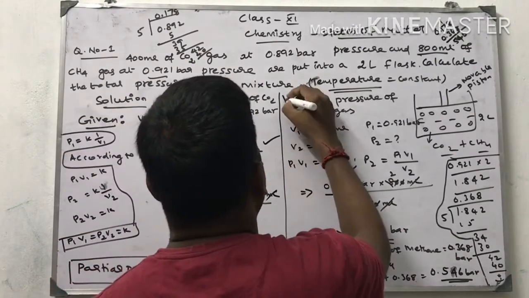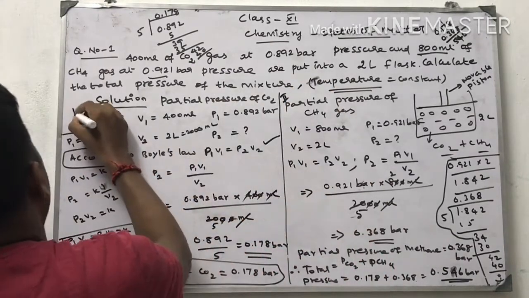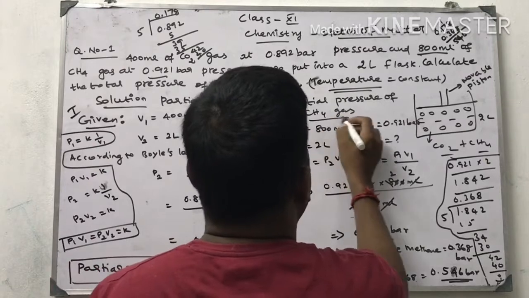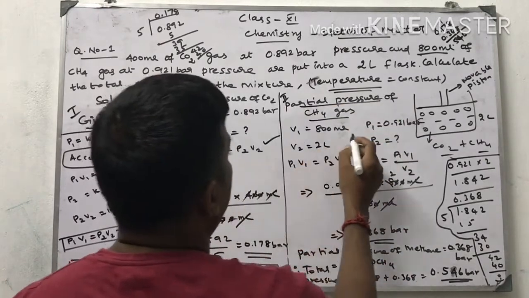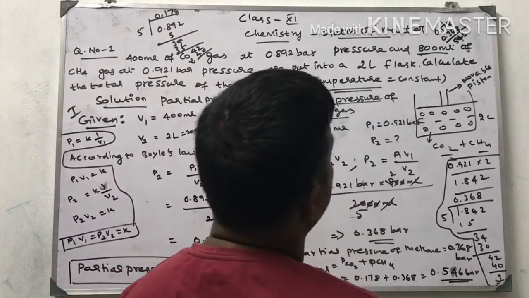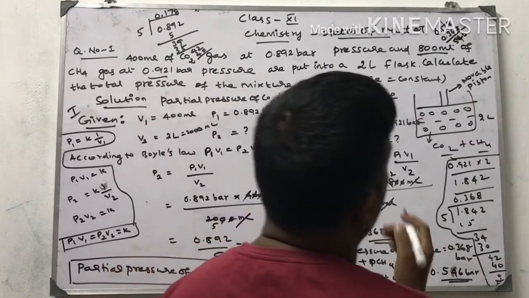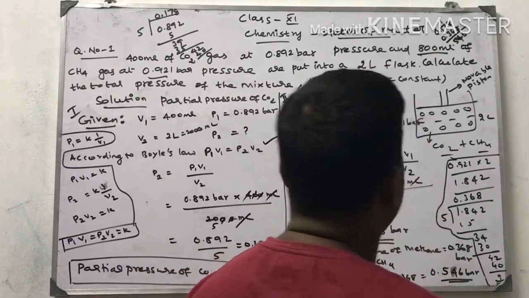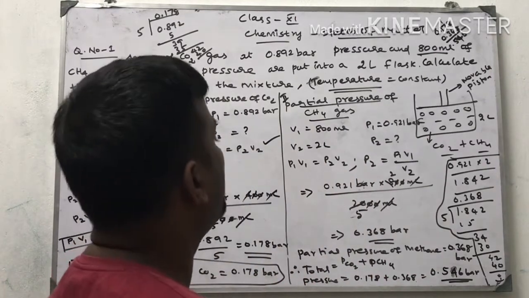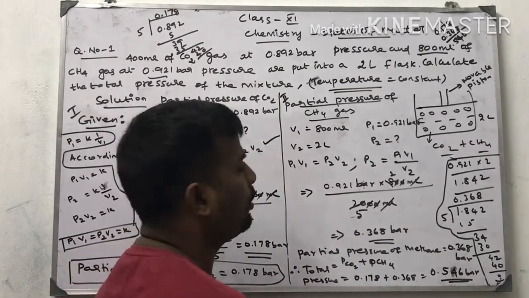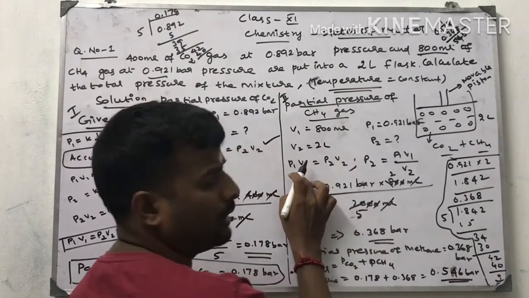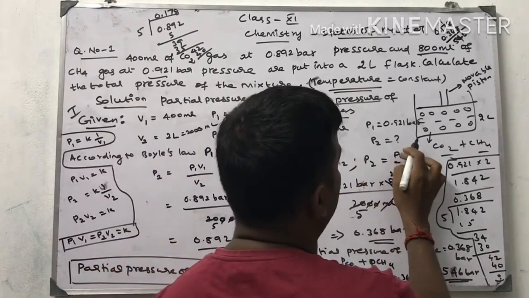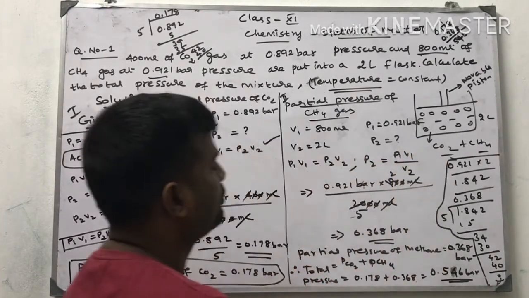Next, we are going to find the partial pressure of methane gas. V1 given 800 ml, P1 given 0.921 bar, and V2 2 liters, P2 we don't know, so we have to find P2. P1 V1 is equal to P2 V2, V2 goes to the denominator, so P2 is equal to P1 V1 by V2.